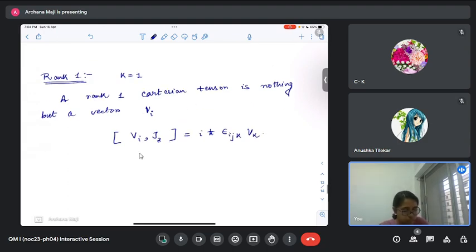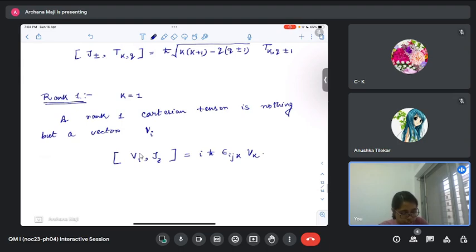So let's say you consider your vector to be the position vector, and you are considering, let's say, the ith component or the x component, and if you try to find out what is x with, let's say, Lz, then you know it's i h cross epsilon, so it's minus i h cross y most probably, but I have to check.